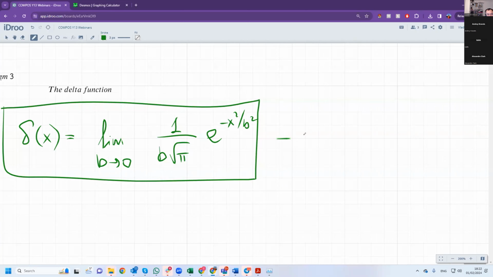This is x, this is 0, and this is delta x. Okay, does that make sense? Any questions so far?